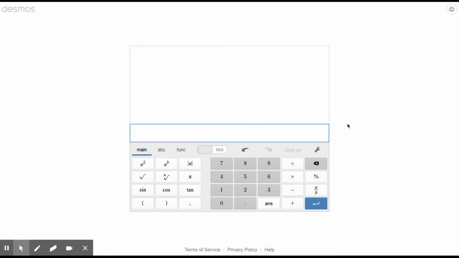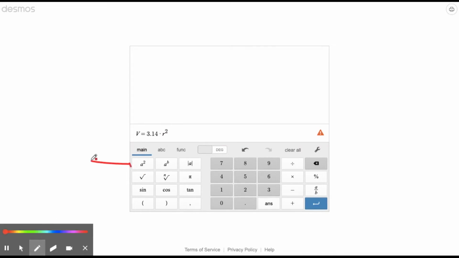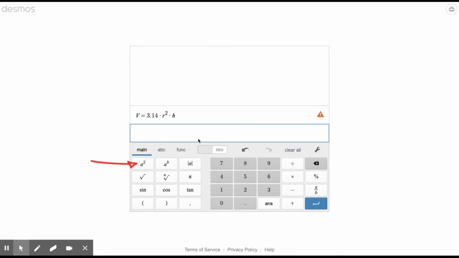So like we said, our volume is equal to pi, which is 3.14, times our radius squared. In case you forgot, the squared button is right there. Our radius squared times our height.